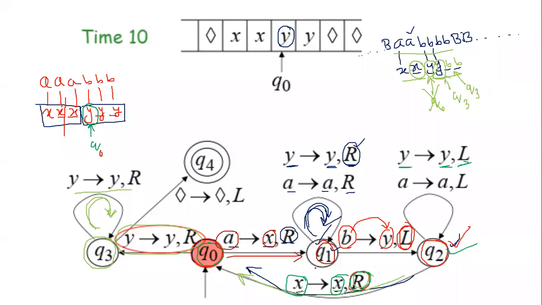Right? So if you encountered a Y in Q0 state, I can say that there was no A left to convert to X. What does that signify?